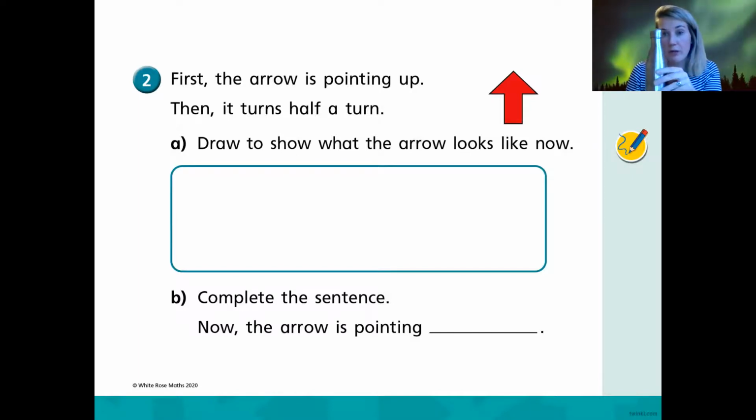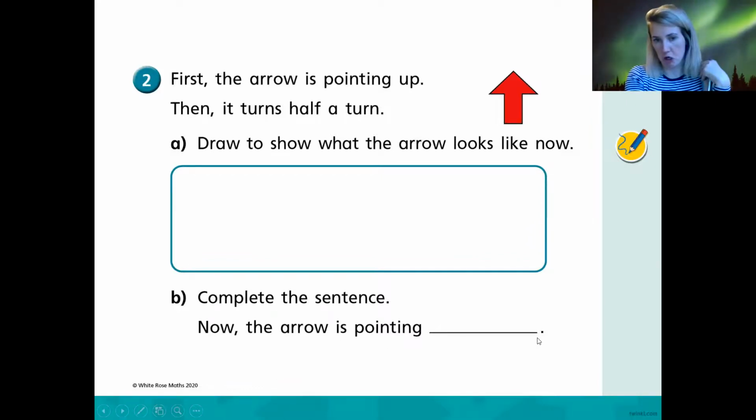All you've got to do is draw it half a turn. That would be a quarter, and that's half. So the arrow needs to face down. Okay? The arrow is now pointing down. Okay? Pause me if you need to.